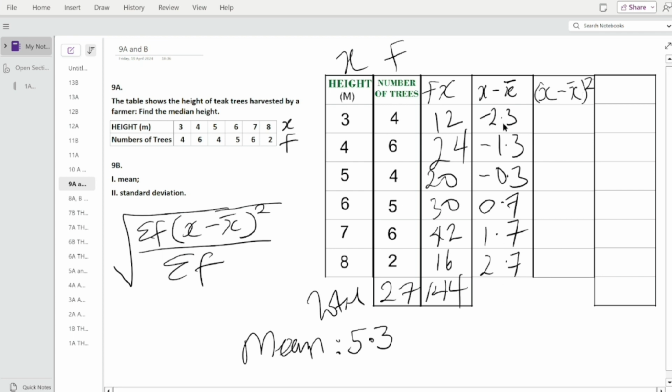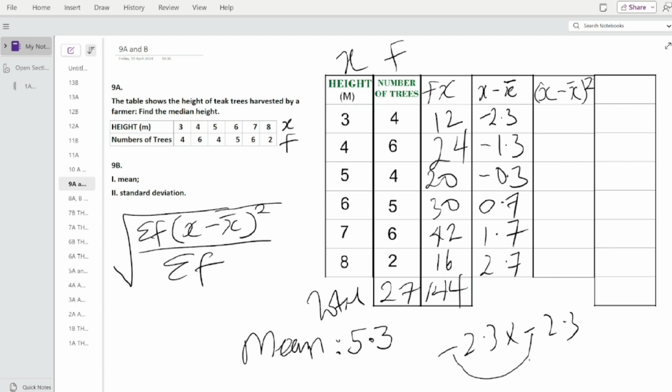That's minus 2.3 times minus 2.3. The minus will multiply the minus to give us positive. Then 2.3 times 2.3 will give us 5.29. Minus 1.3 times minus 1.3 will give us 1.69.